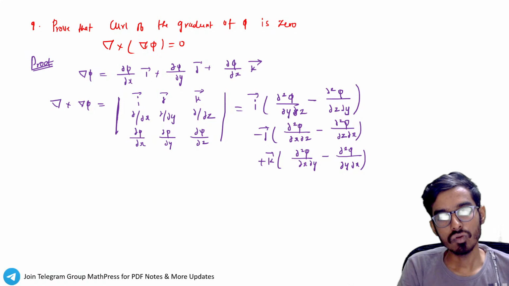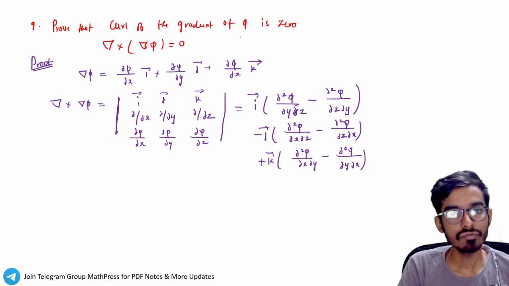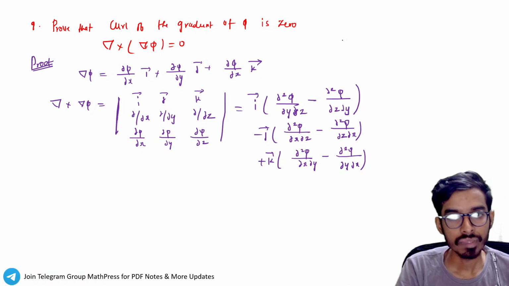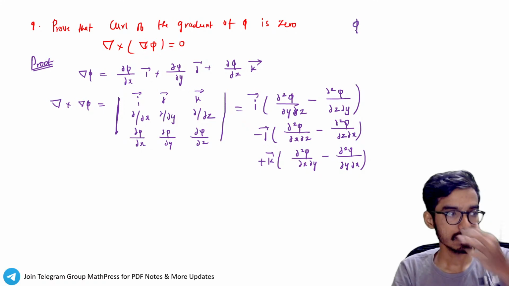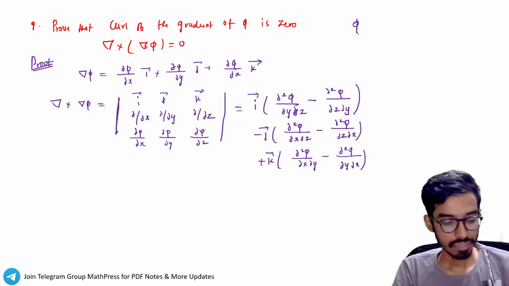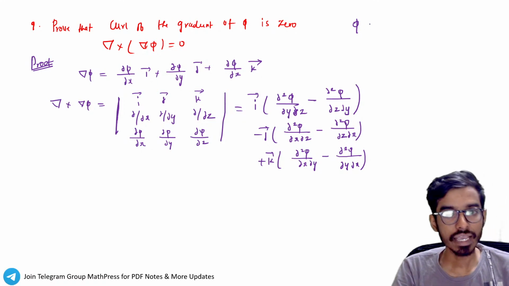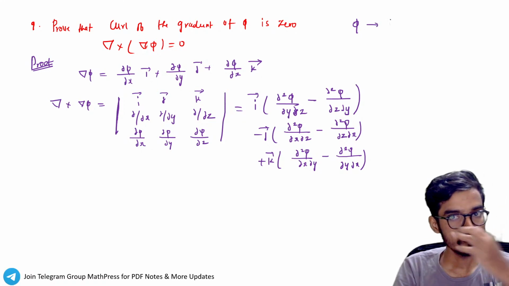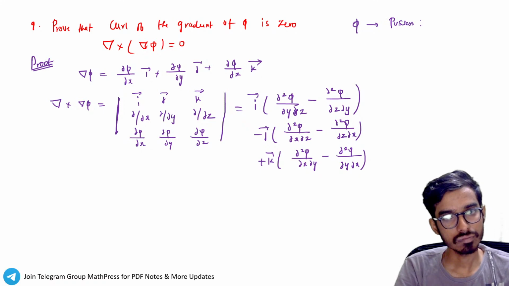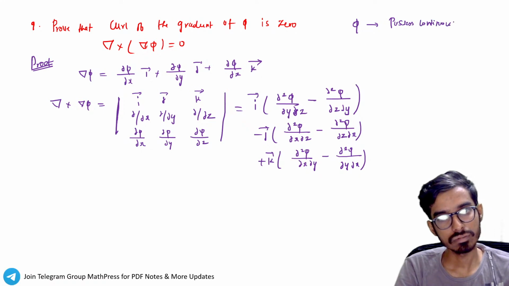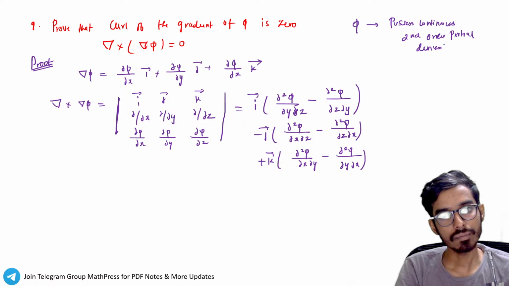Okay. Now you can see this phi is a scalar point function, right? We already discussed in calculus, if this phi possesses continuous second order partial derivatives, then dou square phi by dou x dou y is the same as dou square phi by dou y dou x, right?